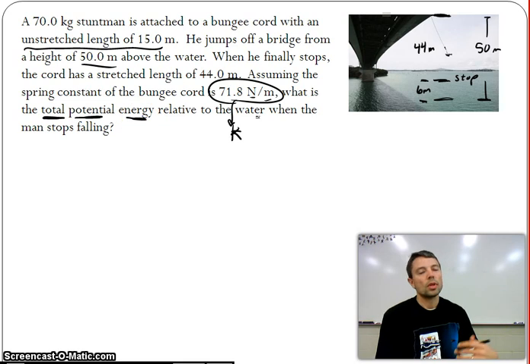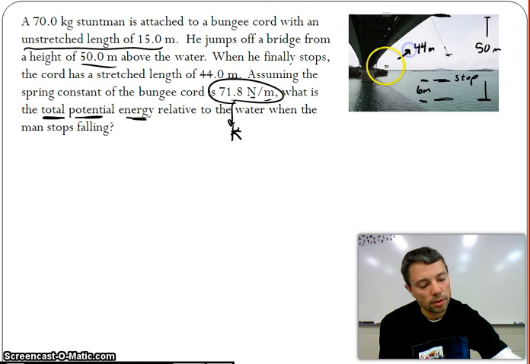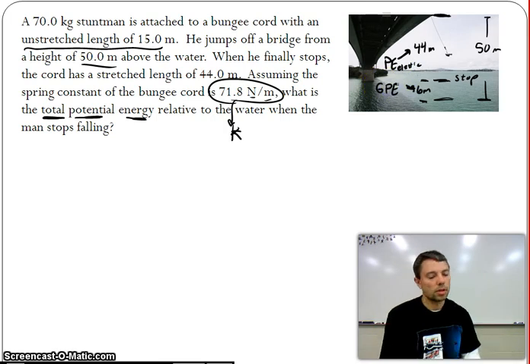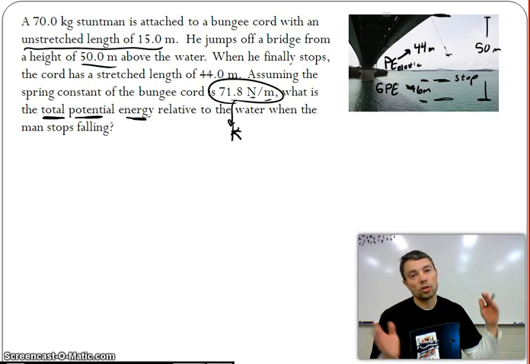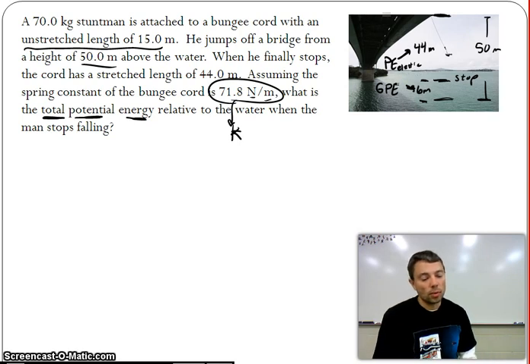So in other words, he's going to have two forms of potential energy. He's going to have potential energy right here, we're going to call that the elastic, and then he has gravitational potential energy here, GPE. So we're going to add those two pieces together, and that'll give us our total potential energy when we're looking at the bungee jump.